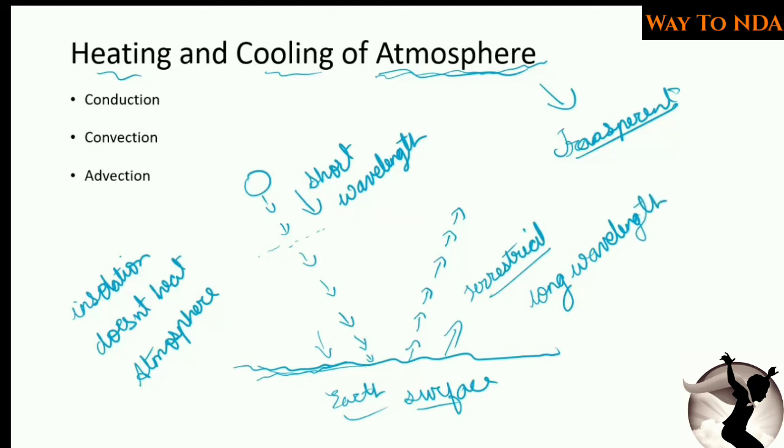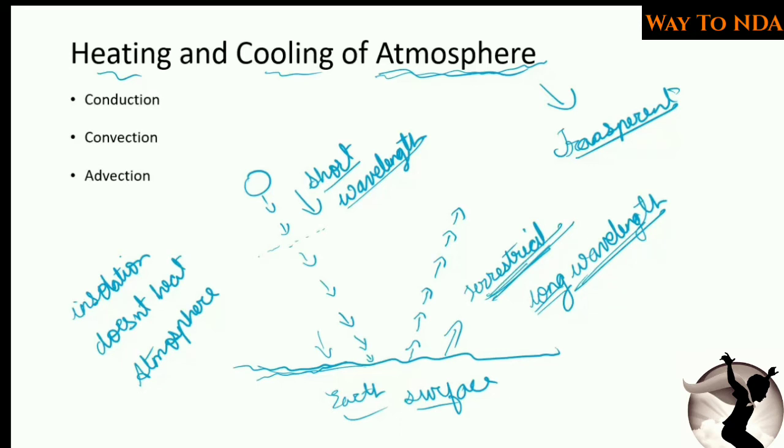Now this makes the difference. The atmosphere cannot absorb this short wavelength, but the atmosphere can absorb this long wavelength that is radiated by the earth, that is the terrestrial radiation.